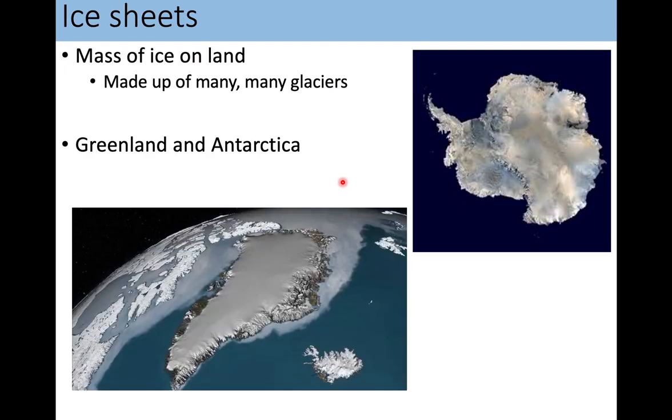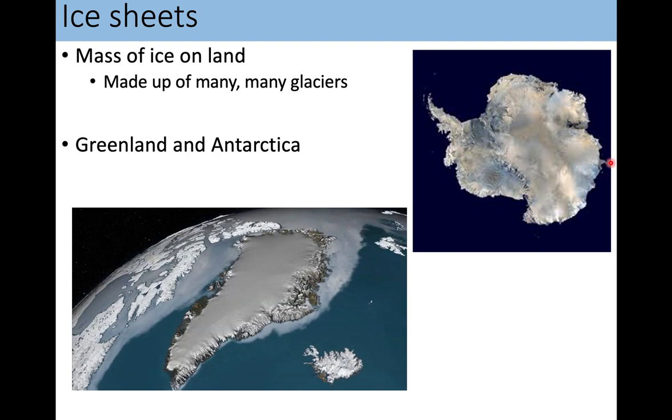So the next part of the cryosphere I want to go over are ice sheets. Just real quick, there are 2 ice sheets on Earth right now, Greenland and Antarctica. This is Greenland, right here. This is Iceland here. This is Canada. This is Antarctica. Antarctica is in the South Pole.